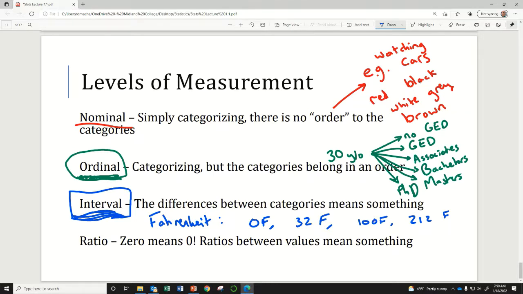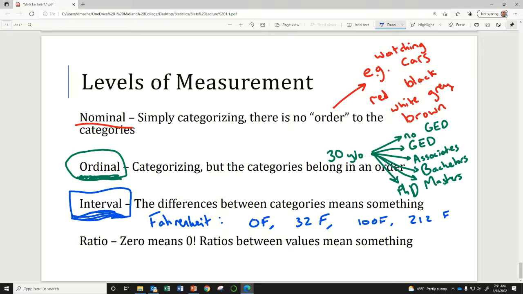And so whenever we go up from, let's say, 30 Fahrenheit up to 40 Fahrenheit, and then 40 to 50 Fahrenheit, the 10-degree difference is actually supposed to mean roughly the same thing when we go from 30 to 40 as going from 40 to 50. That kind of means the same thing as going from like 300 to 310. Like a degree Fahrenheit represents a certain meaning in terms of temperature. So the difference actually means something.